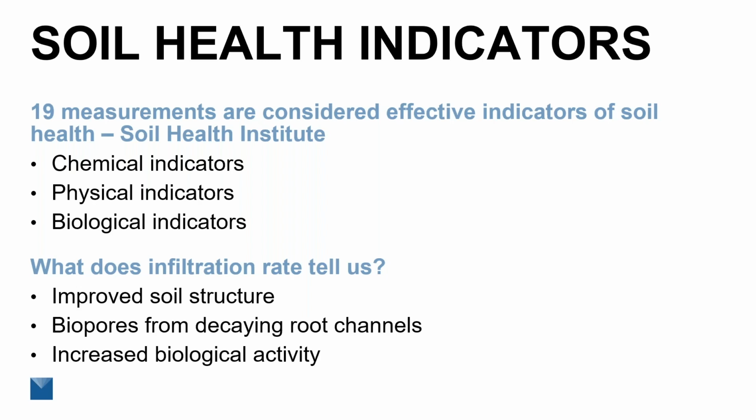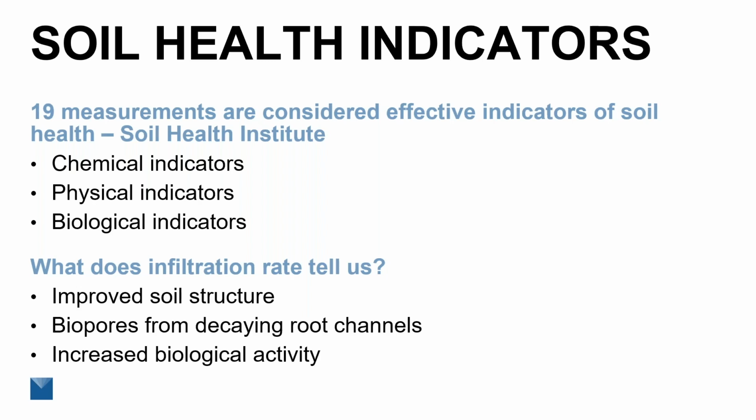So what are we actually measuring when we're measuring infiltration rate that is telling us that we have healthier soils? Well, one of those things obviously is improved soil structure. A higher infiltration rate tells us that our soil structure is stronger and better. It also means that the aggregate stability is better. It's also telling us that we have more biopores from decaying root channels. And we also have increased biological activity.